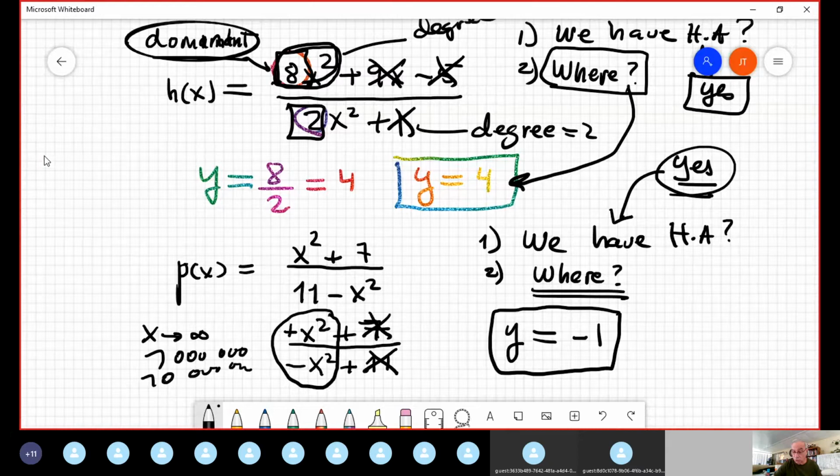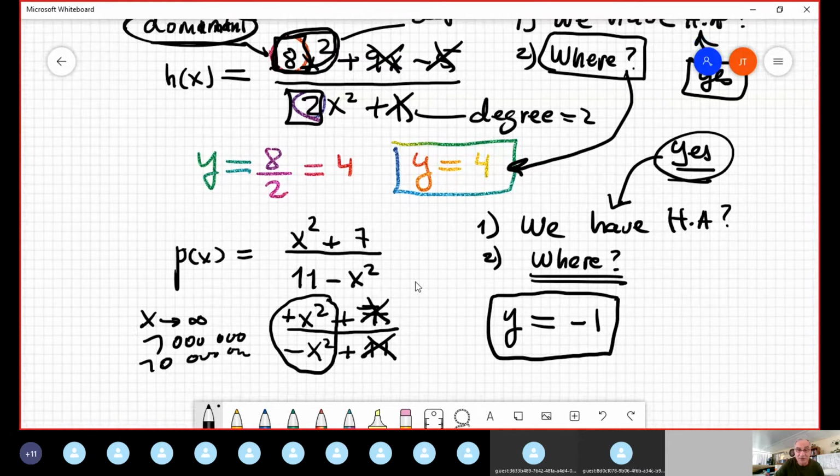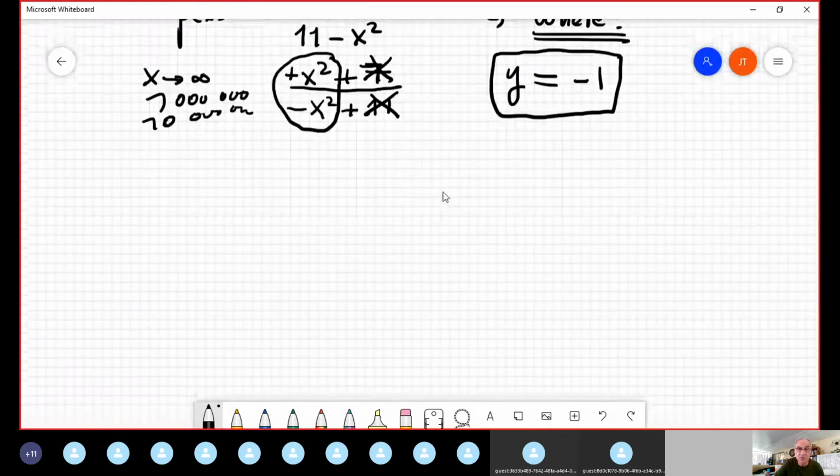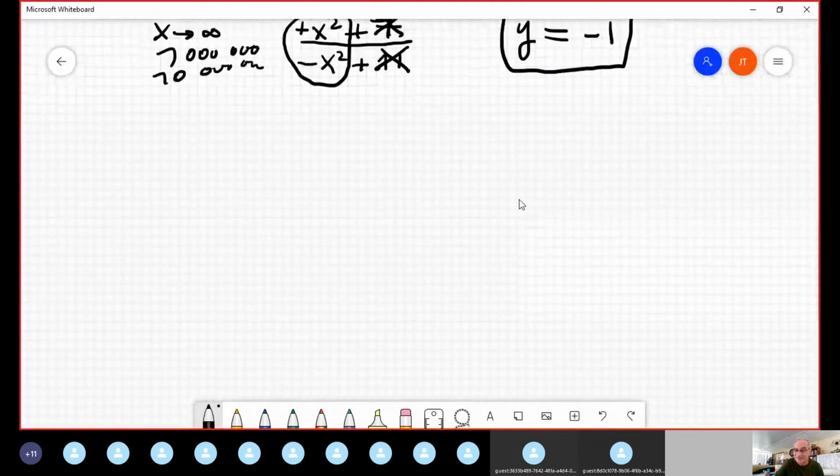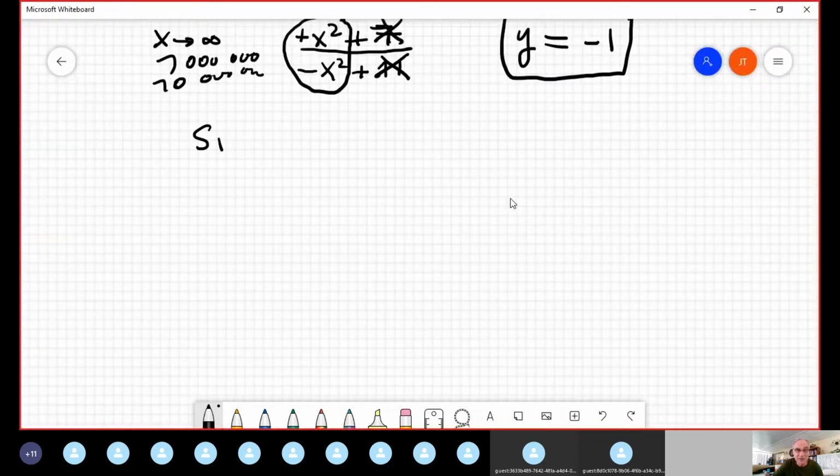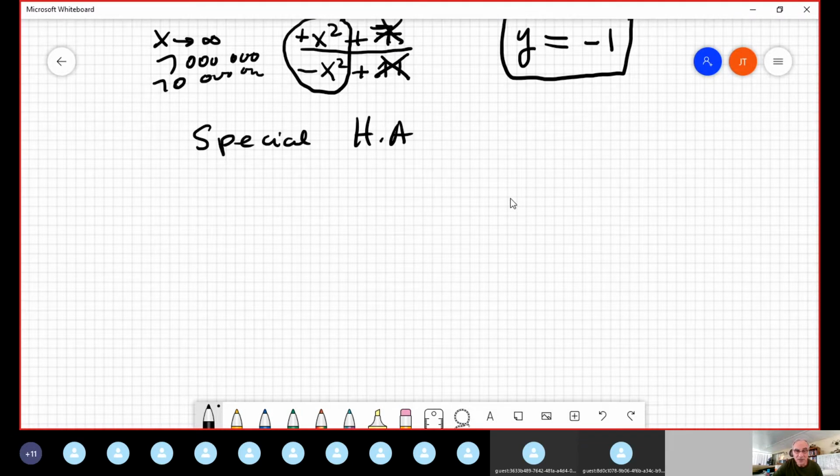Bad news. And the bad news is that when the degree is the same, yes, we have a horizontal asymptote, but we have another special horizontal asymptote.